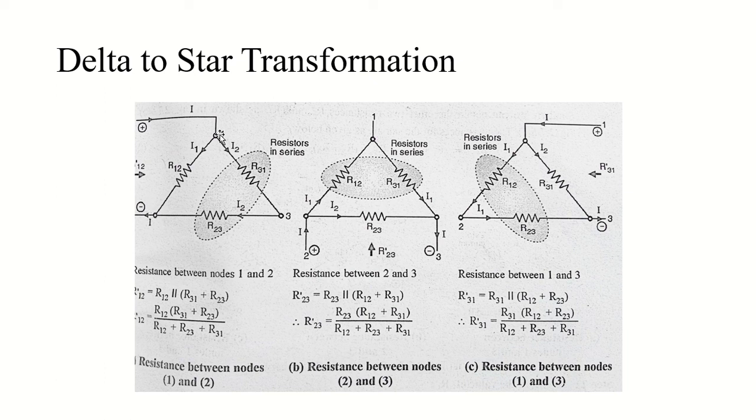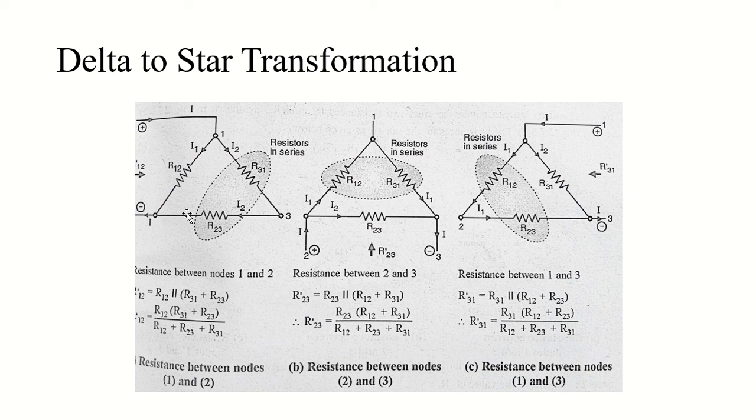If I have to find the resistance between node 1 and node 2, can't we say that this resistance R12 is in parallel connection with these two, R31 and R23, right?